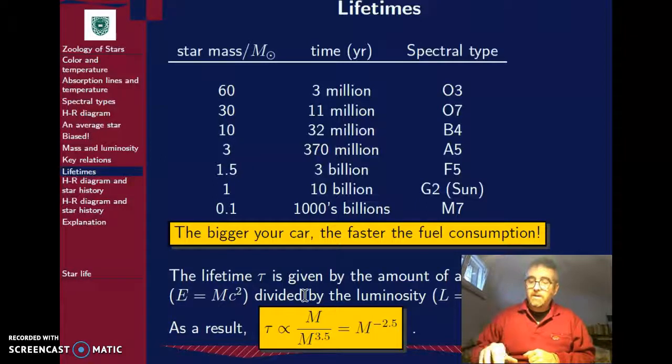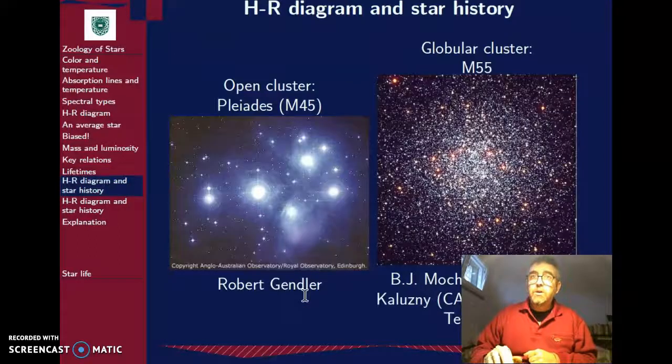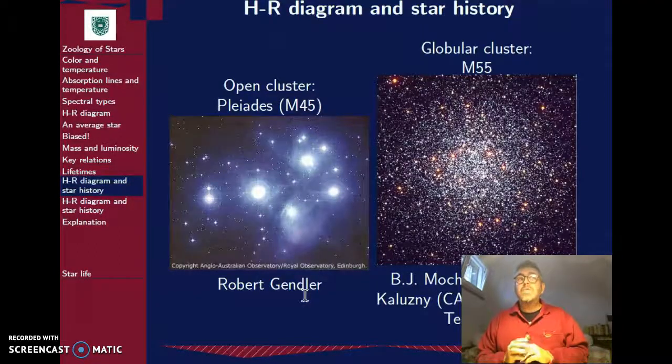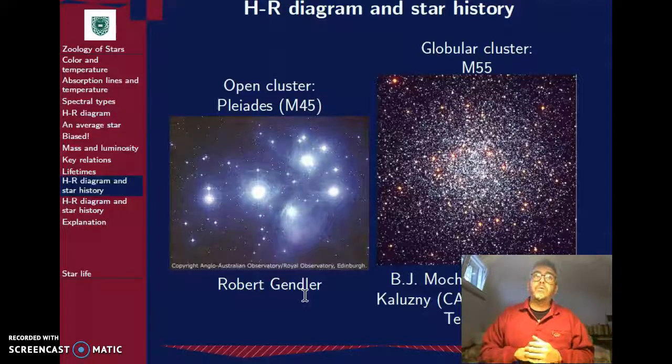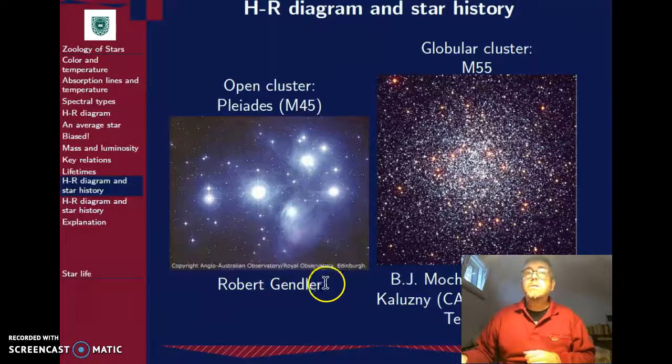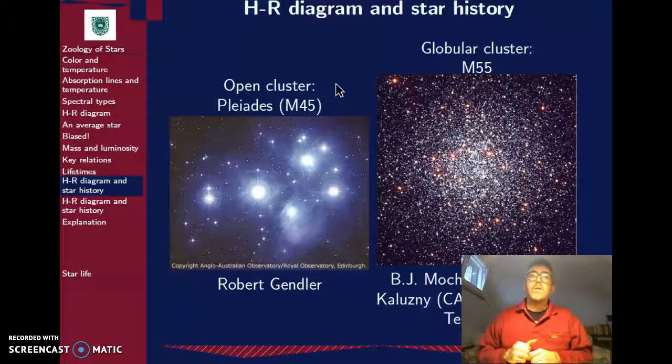This is quite interesting because it shows us how to use the color magnitude diagram to tell the age of a group of stars. Let's look at these two pictures. The first one on the left is a very well-known cluster, called the Pleiades, very close to the Taurus constellation.